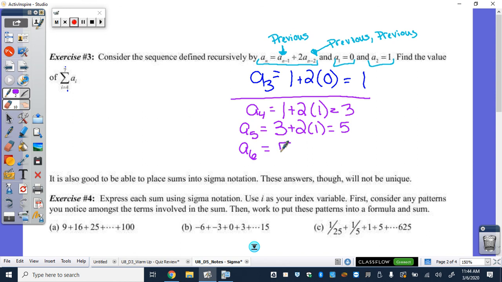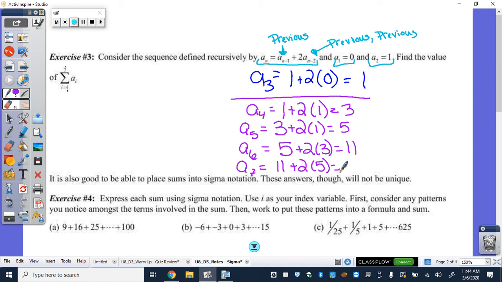My 6th term is my 5th term plus 2 times my 4th term. So that gives me 6, 11. So my 7th is my 6th term plus 2 times my 5th term.